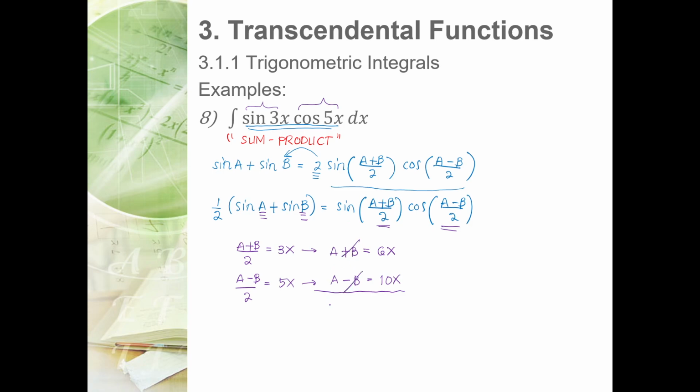Canceling out B, you have 2A equal to 16x. So your A parameter is 8x, and your B parameter, using one of the equations, will be negative 2x.